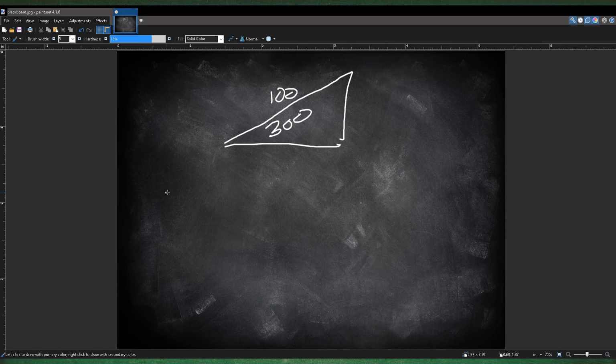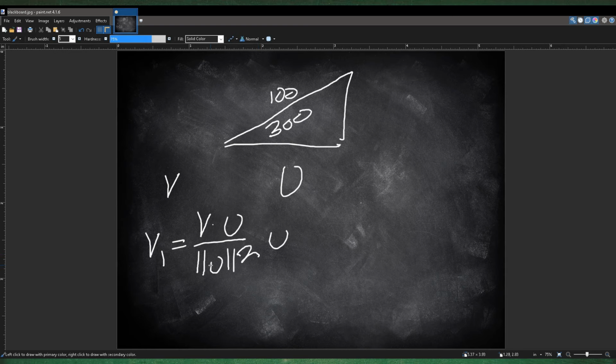So let's say you have vector v and we have vector u. Then the vector projection of v onto u, the first vector, which is parallel, is v1. It is equal to the dot product of v and u, divided by the magnitude of u squared, times u.